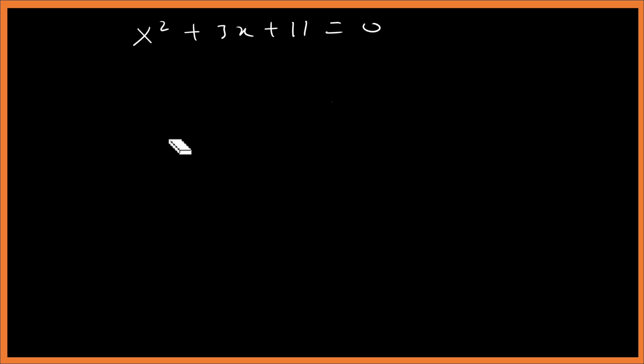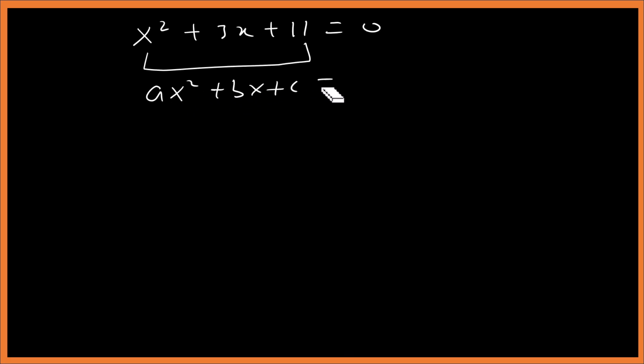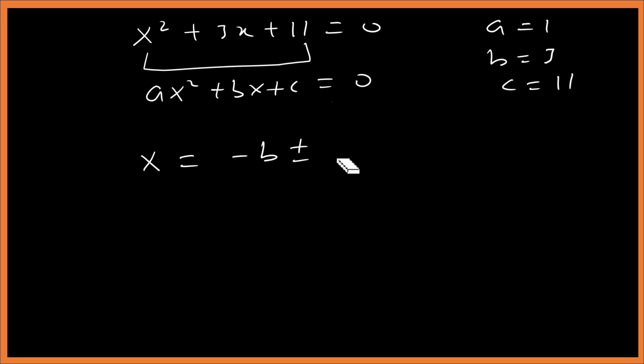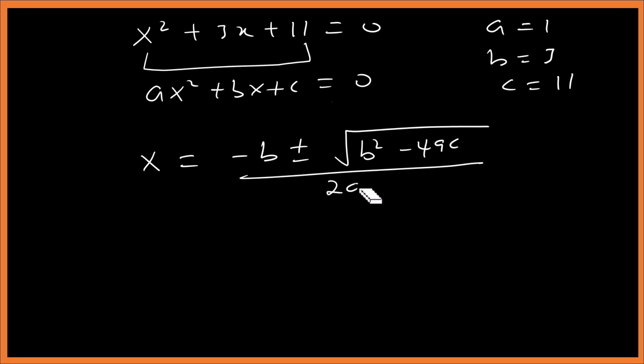Alright, so let's write the general quadratic equation. So when you compare, a is 1, b is 3, c is 11. So we have minus b plus or minus the square root of b squared minus 4ac, over 2a.